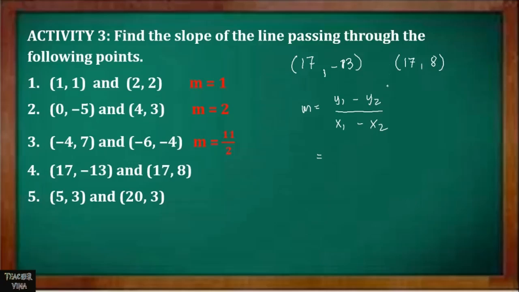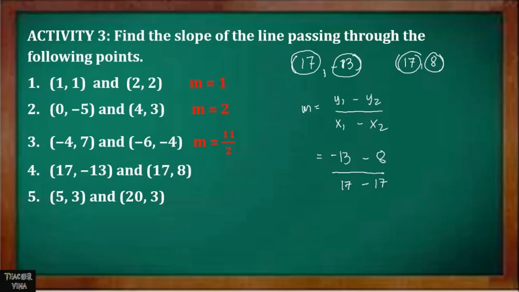So, y sub 1, that is negative 13, minus y sub 2 is 8 over x sub 1, that is 17, minus x sub 2 is 17.